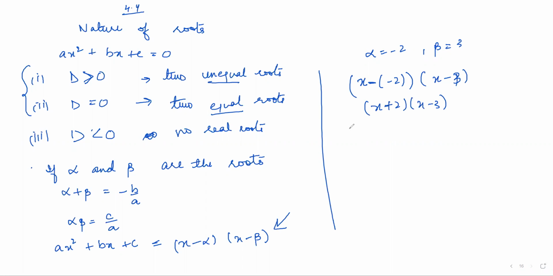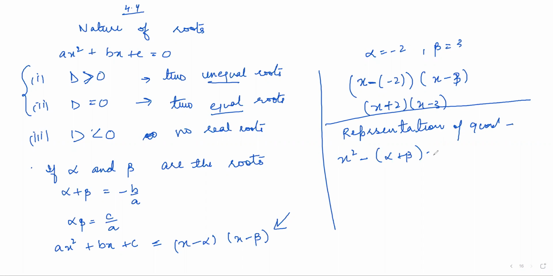And again, the third thing, you have already learned this also: if alpha and beta are the roots, and you know the sum of the roots and the product of the roots, then the quadratic equation can be written as x² − (alpha + beta)x + alpha·beta = 0.